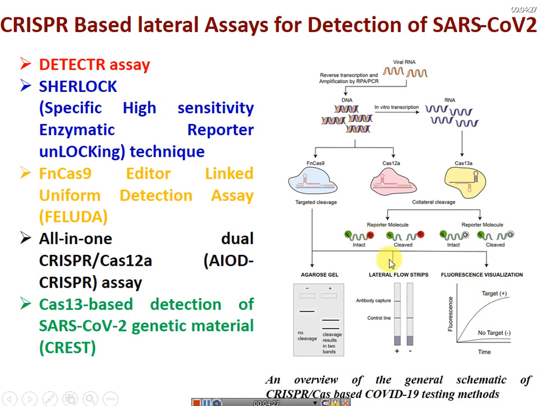So what are we doing here? We are taking the viral RNA, we are amplifying it, and we are supplying it with the Cas protein and crRNA and also the reporter molecule. Once there is a specific interaction of the target and the Cas nucleoprotein, they get activated and cleave the reporter molecule such that the fluorophore will be freed, or the fluorescent signal and biotin signal will be separated.